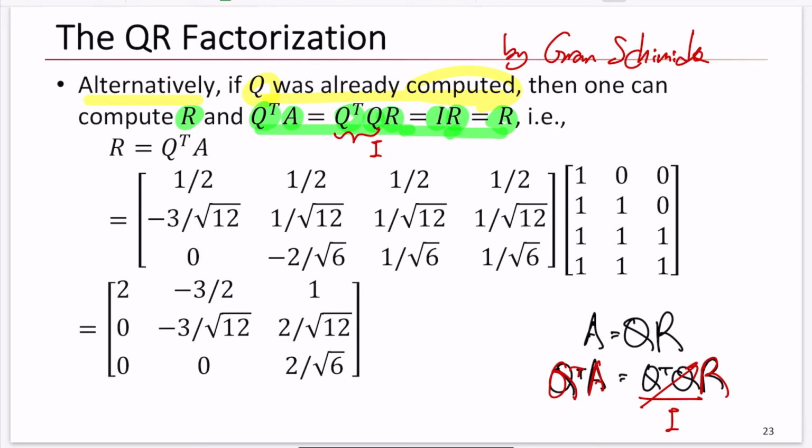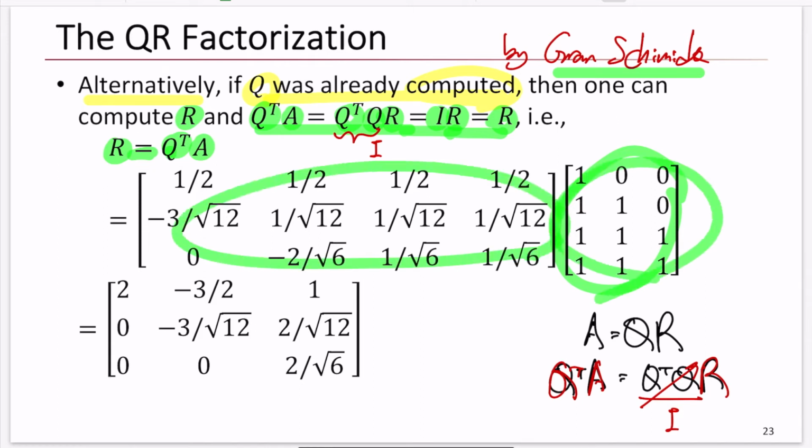In other words, we can easily compute the matrix R by Q transpose A because we already know A and we already computed the matrix Q by the Gram-Schmidt process. Then we can just compute this matrix multiplication Q transpose A. We already know how to do this.